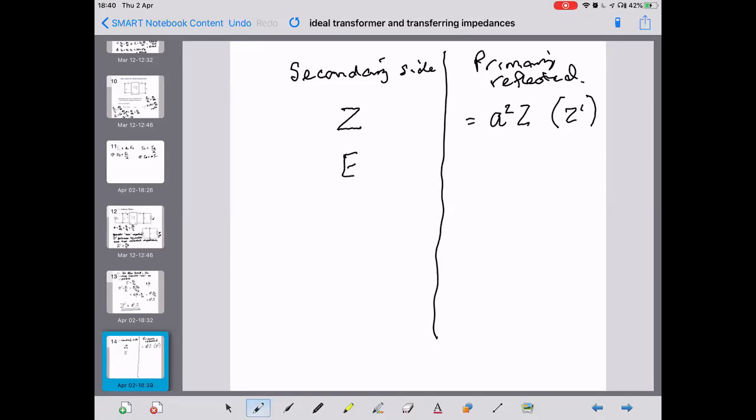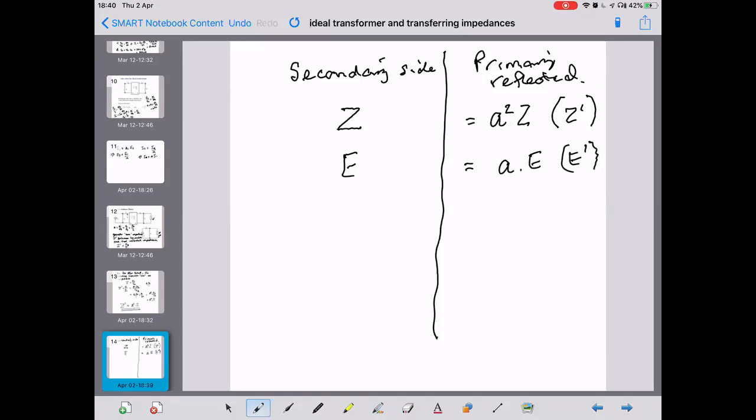The voltage on the secondary side transferred to the primary is A times E. We call that E dash.